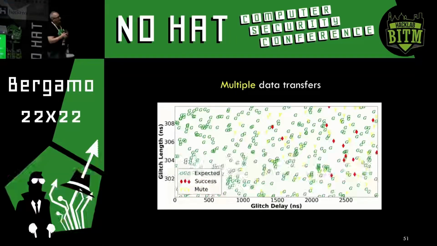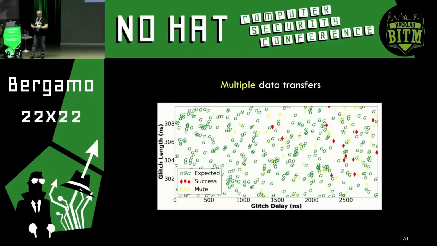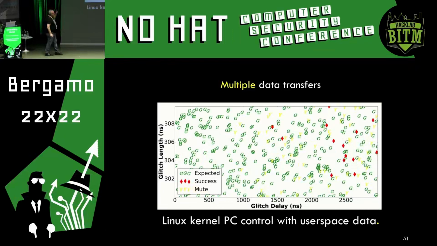And not only that, what you see is the example that even if you think there is only one single memcpy, actually the device in reality transfers code and data many times. So what you're seeing here is the kernel transferring data after a syscall. So we did a syscall, we put data into registers, and we just start glitching until the end.